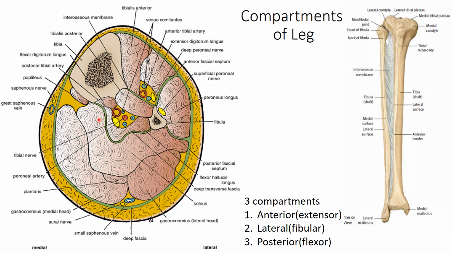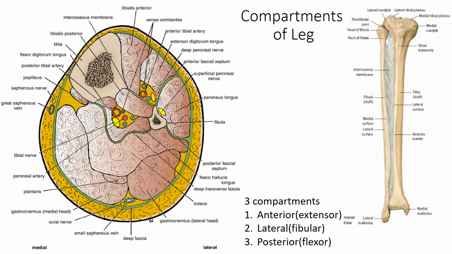Between this posterior intermuscular septum and the posterior border of the tibia lies this bulky posterior or flexor compartment, which is divided by a transverse septum into superficial and deep portions. So these are the three compartments of the leg with respect to these bones and their septa.